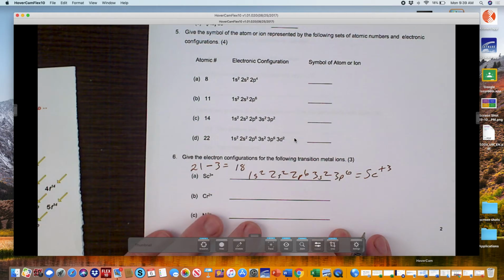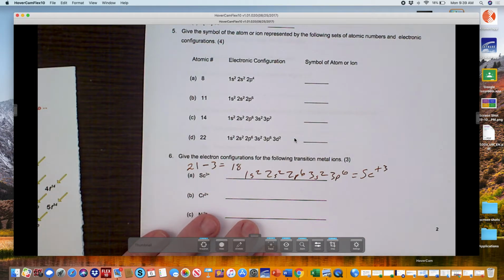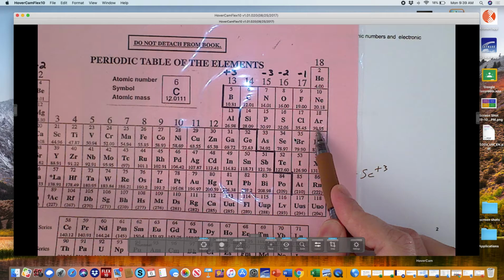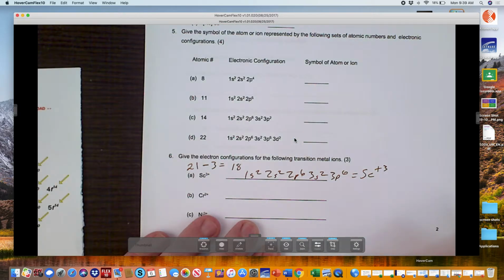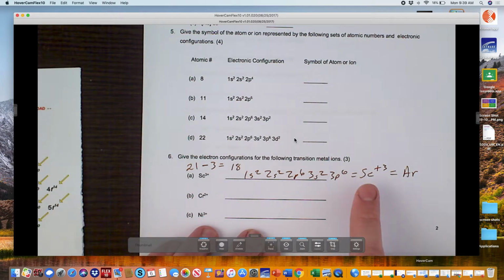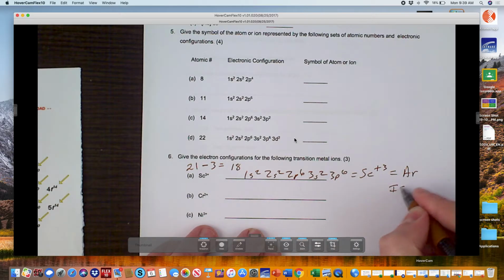Now, I also want to show you this because if this is 18 electrons, this is also the electron configuration for argon. So when we have ions, a lot of times we will have things that match other elements in their non-ion form. We actually call this being isoelectronic.